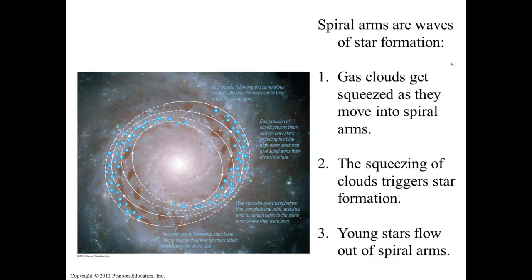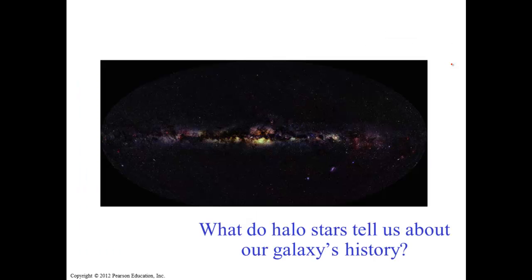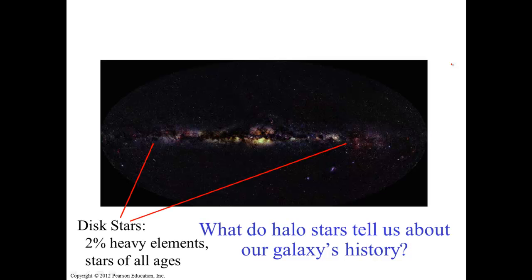So again, compare and contrast. You can see the dark lanes, right? We're looking at our Milky Way from the disk view. Of course, we have the disk and we have the halo view. The thing about the disk stars, I told you that's where young stars are still birthing new stars.